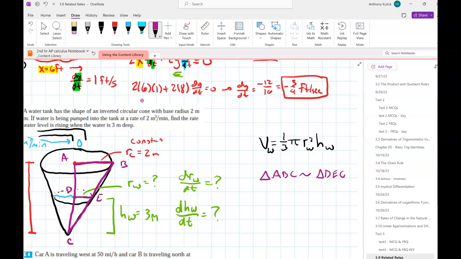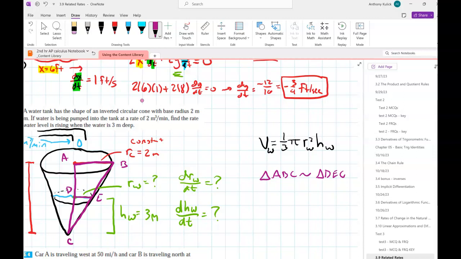Not congruent, similar. Triangle ABC is similar to triangle DEC because all of their interior angles are congruent. C is shared, and clearly AB and DE are parallel lines. So angle A and angle D are the same, and angle B and angle E have to be the same. Everybody agree with that? Okay.